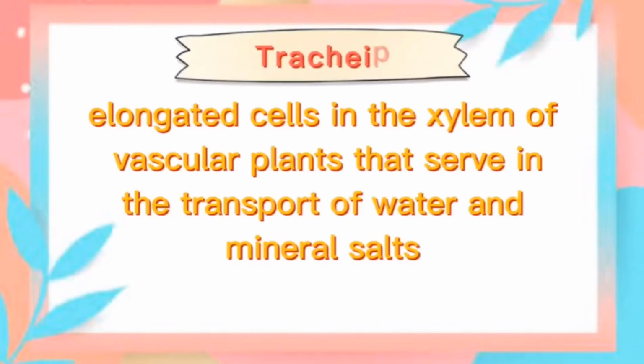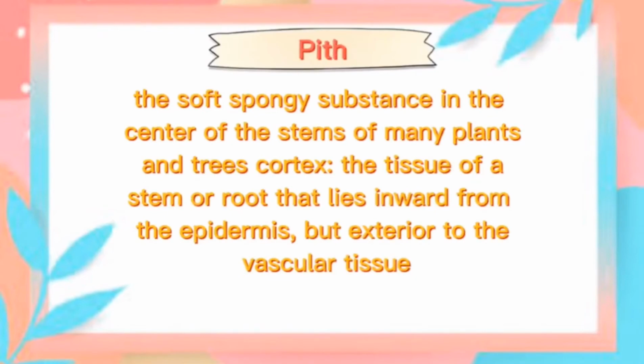The tracheid is the elongated cells in the xylem of vascular plants that serve in the transport of water and mineral salts. The pith is the soft, spongy substance in the center of the stems of many plants and trees.